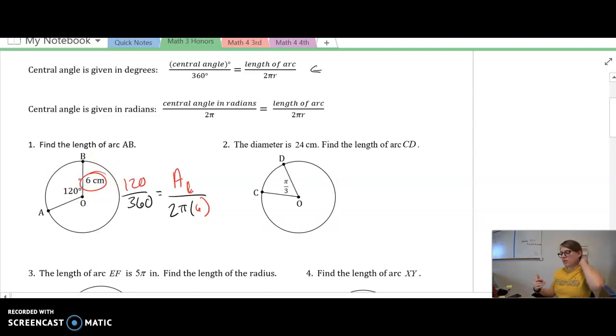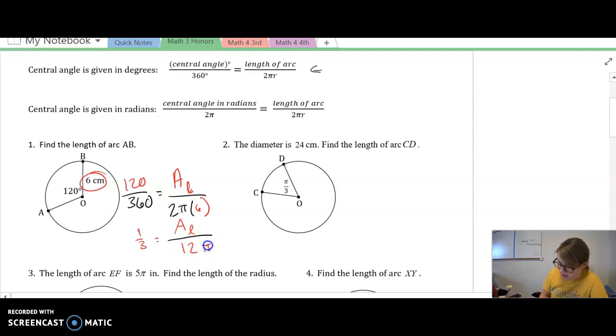So let's solve our fraction. 120 over 360 is 1/3, and then we'll have our arc length over 2 pi times 6. But I'm going to go ahead and reduce that to just 12 pi.